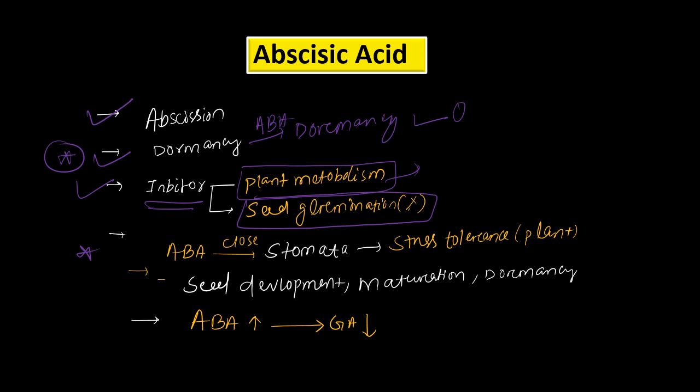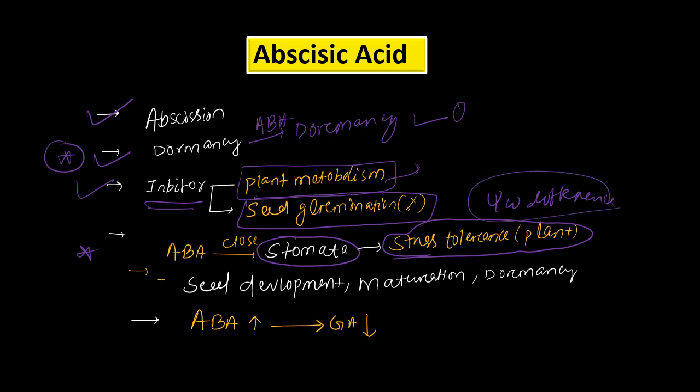If we add abscisic acid, it helps close the stomata and acts as a stress tolerant hormone. How does it act? Through the stomatal difference, this happens. Next, seed development, maturation and dormancy are done by abscisic acid.